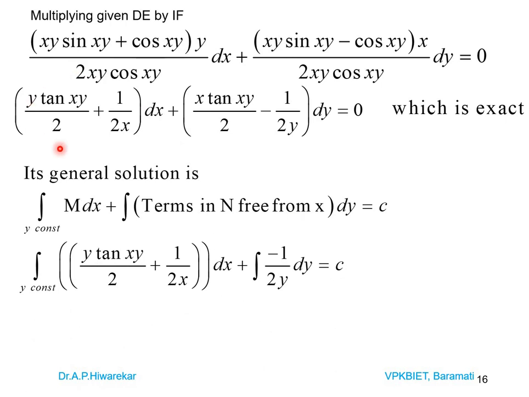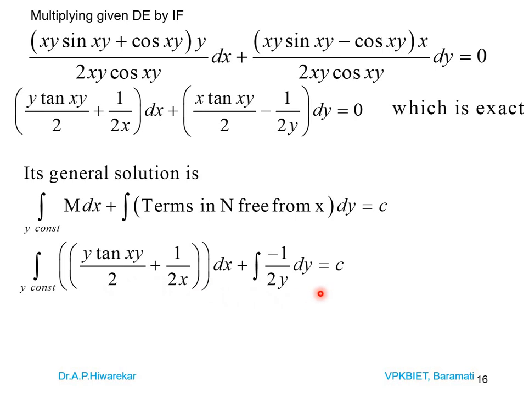So we enter this value of M as it is, (y tan xy divided by 2 + 1/2x) dx. Then the term of N free from x. This term consists of x, so we are not considering this term. So that's why it is minus (1/2y) dy is equal to 0. 2 is common in the denominator, we can cancel.